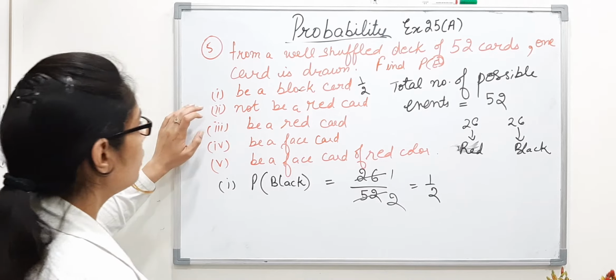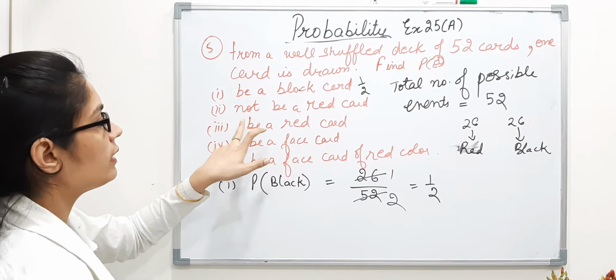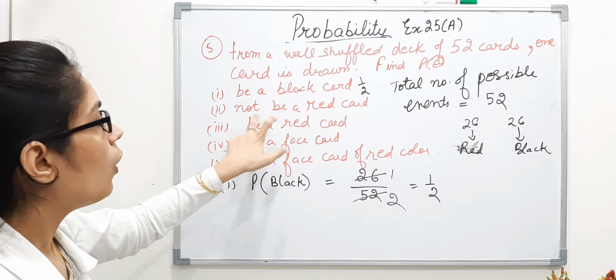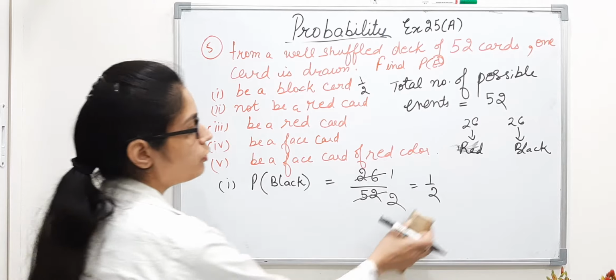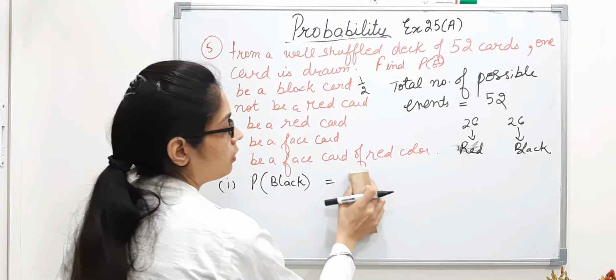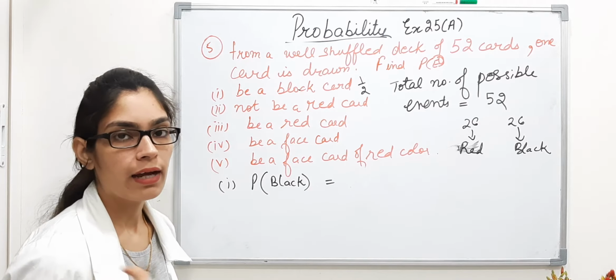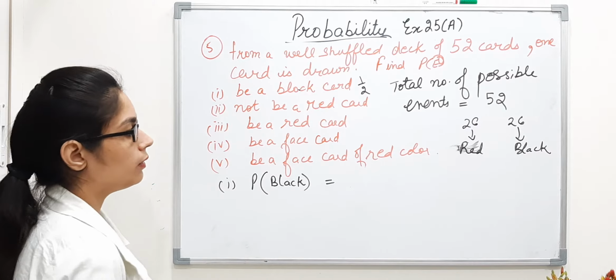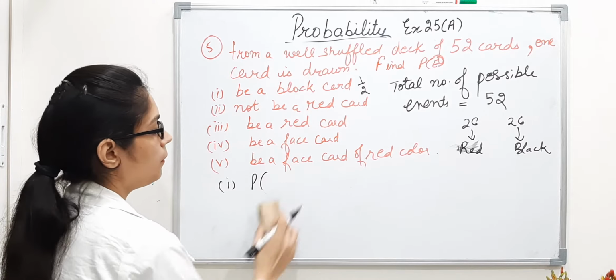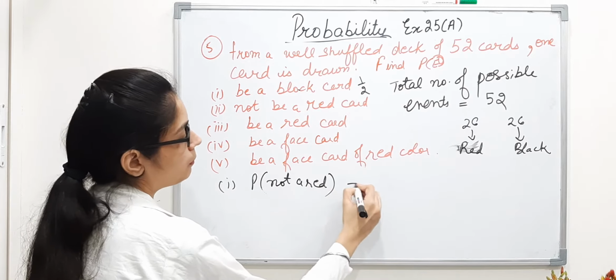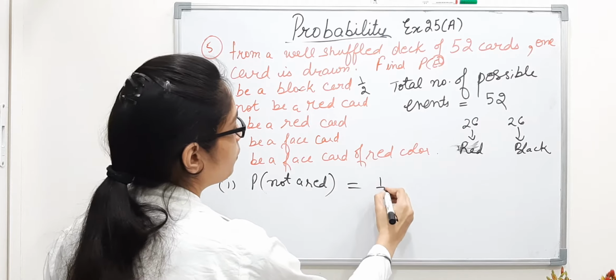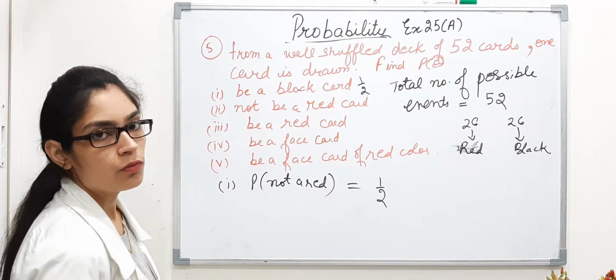Now let's do the next question. See, next question is not a red card. If a card is not a red card, it is clearly understood I have only 2 colors, black and red. If it's not a red color, it is a black color, which means the probability will be the same as we solved in the first question.